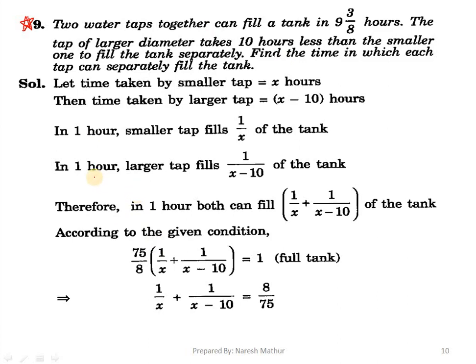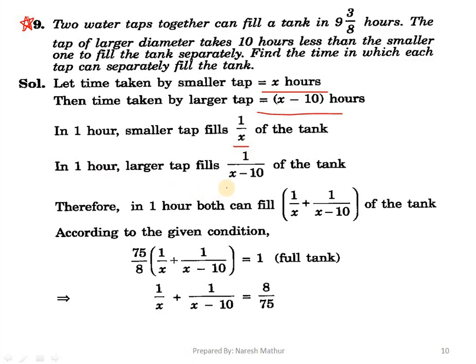Now listen carefully. Let the time taken by the smaller tap be x hours. Then the time taken by the larger tap will be x minus 10 hours, as it is given in the question. Now by the unitary method, if the smaller tap takes x hours to fill the tank, then in 1 hour the smaller tap will fill 1 by x part of the tank.